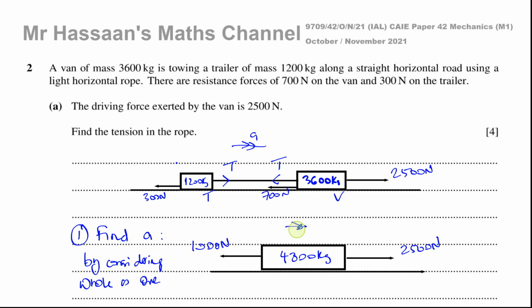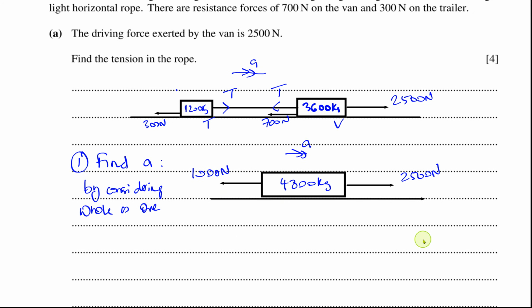So by doing this, we can find what the acceleration is. Now we can find the resultant force on this. If we resolve the forces in the direction that they're moving, we can say the resultant force is 2,500 minus 1,000, and that's equal to the mass, which is 4,800, times the acceleration.